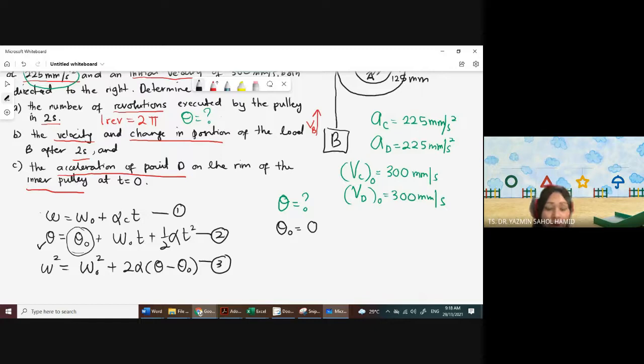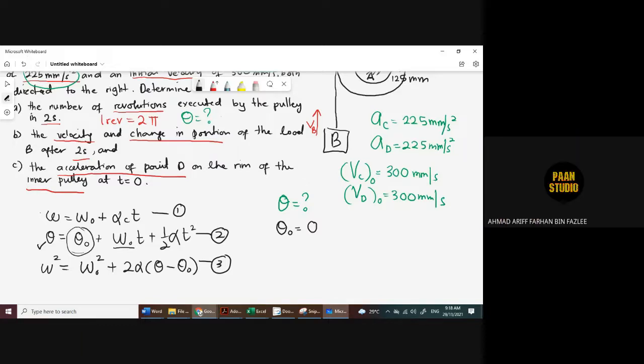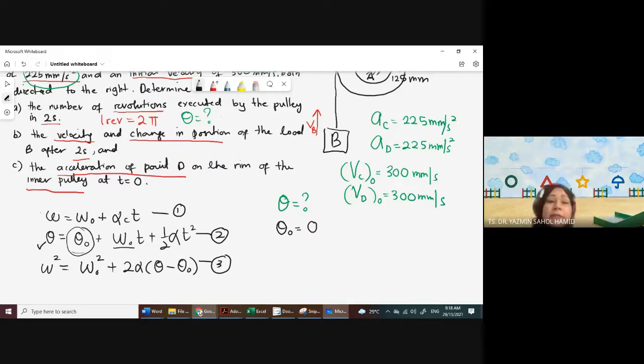Kita ada omega naught tak dalam soalan ni? Tak ada. Boleh kita cari tak? Ada 3 lagi formula baru yang dalam kotak orange tu. Tolong bacakan formula tu.